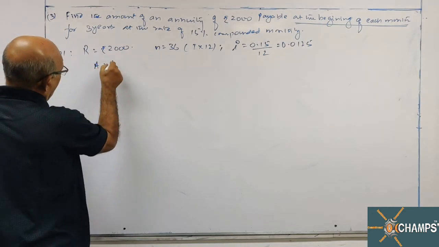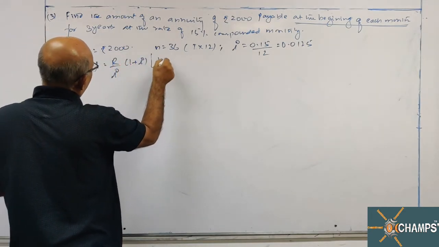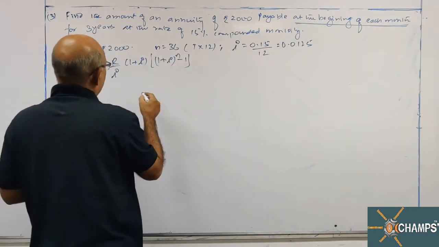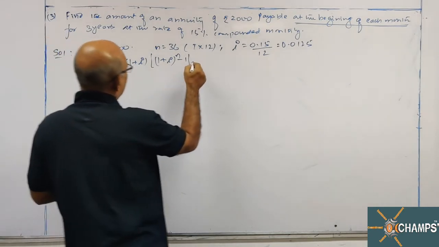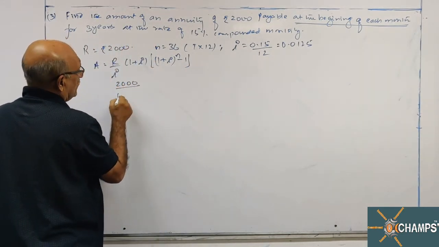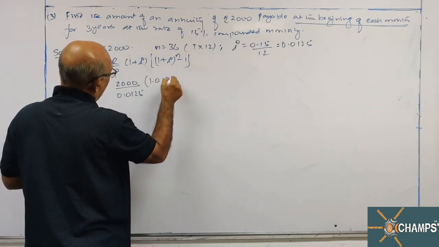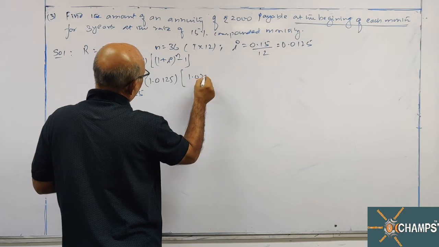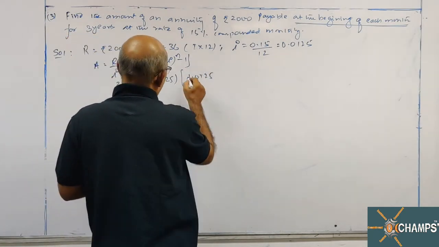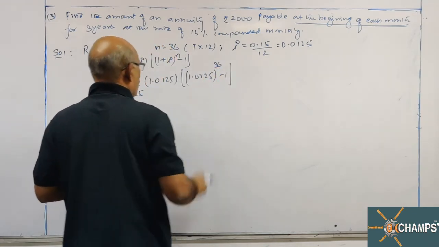Amount is equal to R by I into 1 plus I whole power n minus 1. So this is equal to 2000 divided by 0.0125 into 1.0125 whole to the power of 36 minus 1.